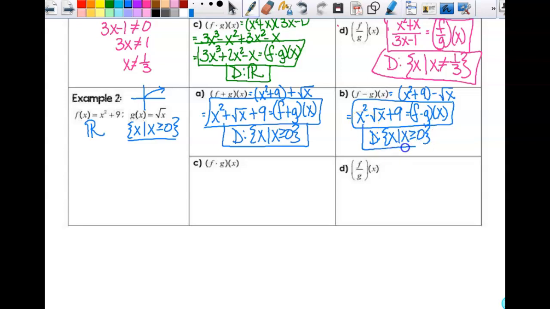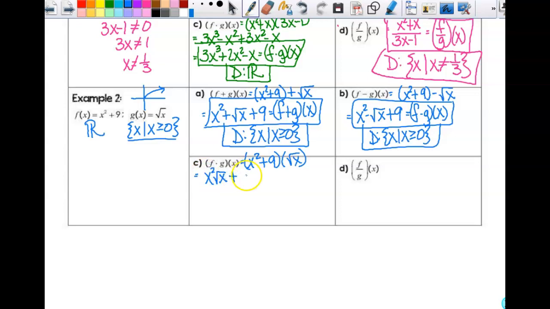All right, so then I'm going to multiply. So I've got x squared plus 9 times the square root of x. Okay, so now I'm going to distribute so that x squared times the square root of x is just that, x squared times the square root of x.